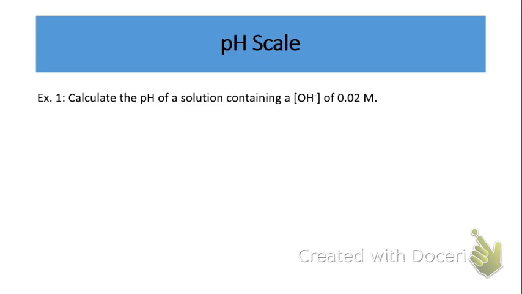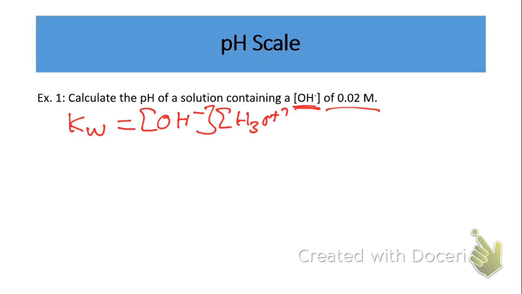So since the pH scale is based on the H plus concentration and not the OH minus concentration, we need to actually calculate the H plus concentration using the hydroxide ion concentration. To do that, if you recall, we know that Kw is equal to the hydroxide concentration times the hydronium ion concentration, or the H plus concentration.